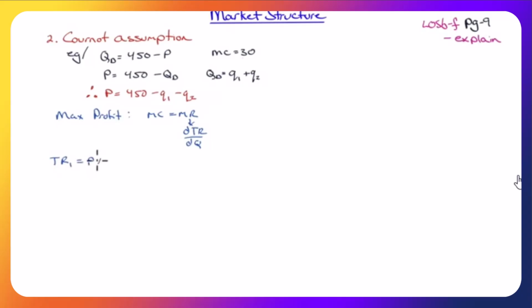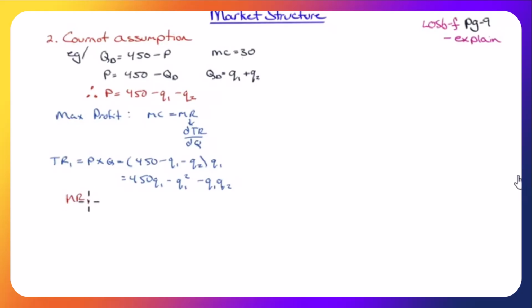It's price times quantity, which equals, well, we're given price down here. So we'll just take 450 minus Q1 minus Q2 multiplied by quantity, and since it's TR1, we're multiplying it by Q1. That'll give us 450 Q1 minus Q1 squared minus Q1 Q2.